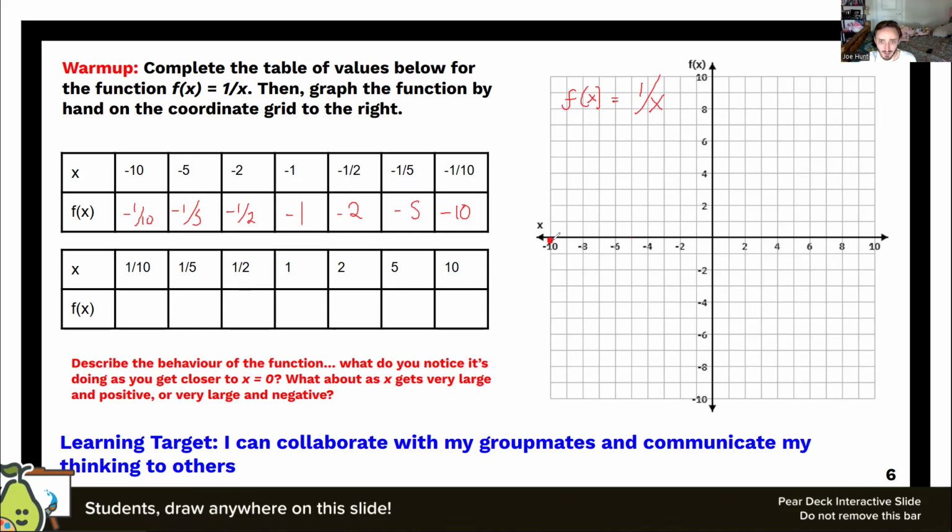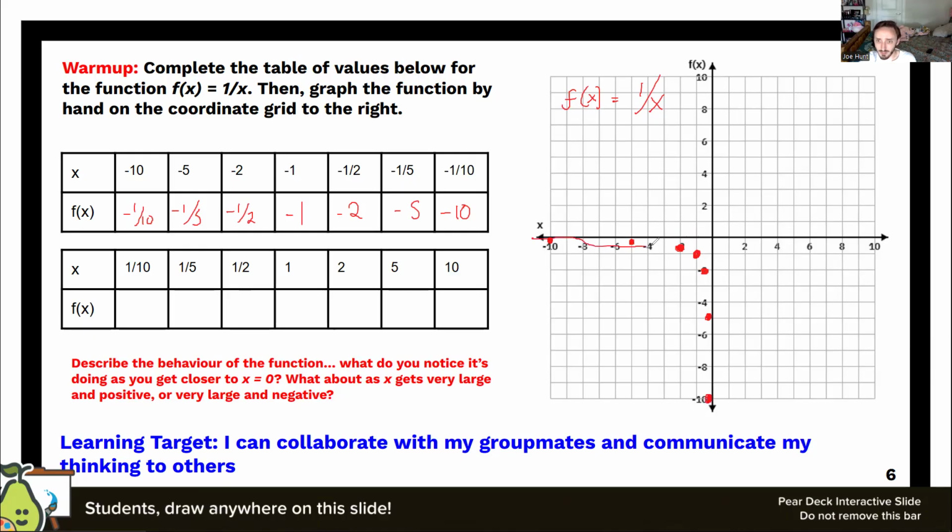So that's barely below the x-axis there. -5 is barely below the x-axis there. -1/2, a little below there, -1. And then notice here, -1/2 jumps to -2. -1/5, so barely to the left of the y-axis, jumps to -5. And then I've got -1/10 there, which jumps all the way down to -10.